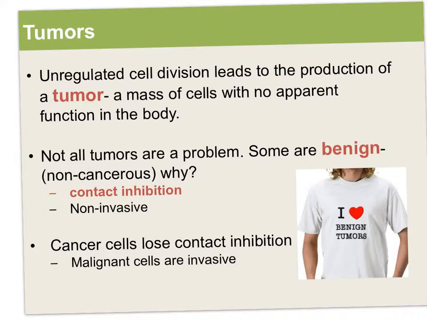So there's something that causes a benign tumor not to invade adjacent tissue, and that is called contact inhibition. When cells lose contact inhibition, they come up against another cell or other tissue, and they can start growing into that tissue. That's invasive, that's malignant. That's cancer.